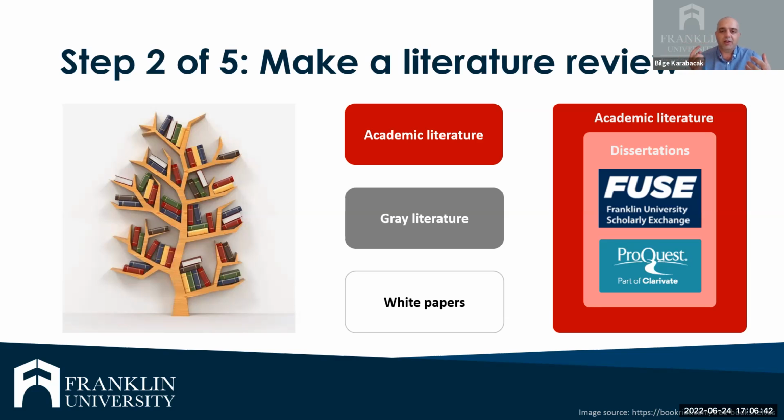So you will already make a comprehensive literature review in your doctoral research after your coursework, and you will hopefully find a gap in the literature. In this research design phase, actually, let's name it an early literature review.